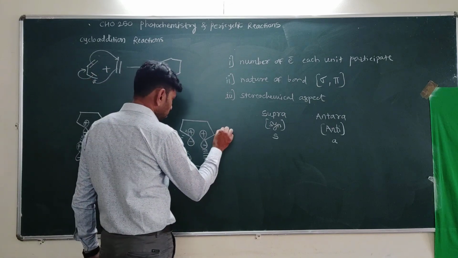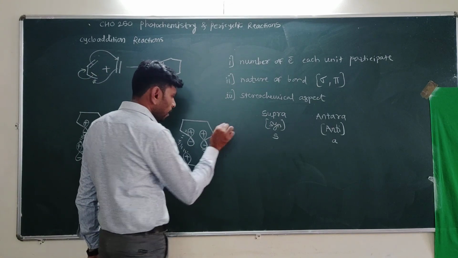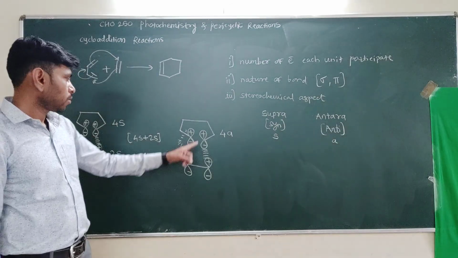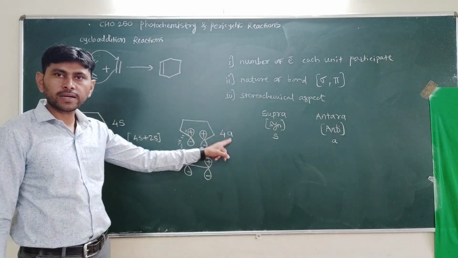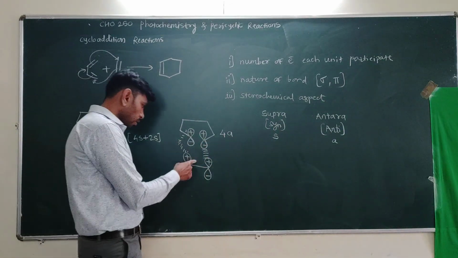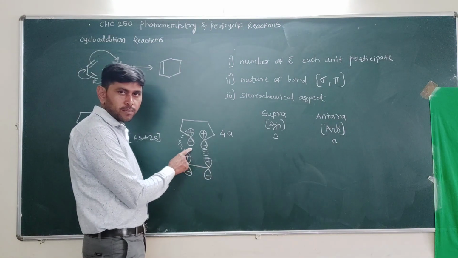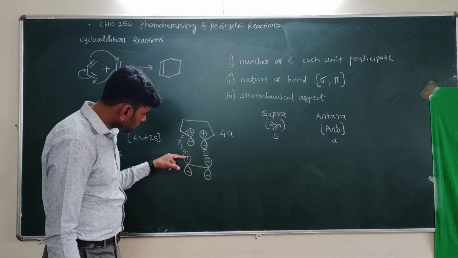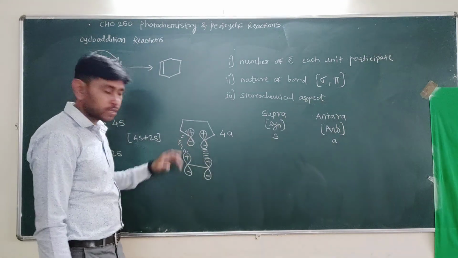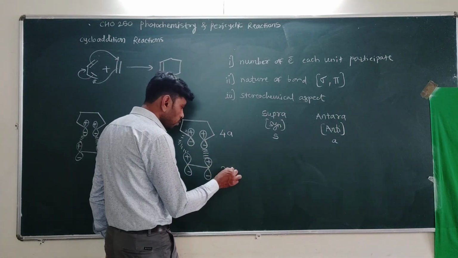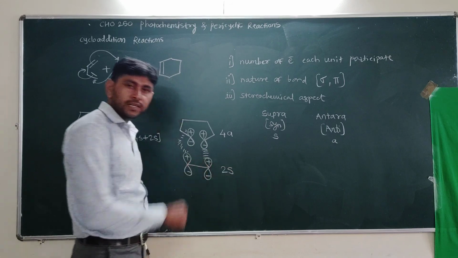So this 4 pi system is acting antarafacially. Here the 2 pi system, this other component, other partner. See here both lobes from the above side are used. So 2s. The 4 pi system acts antarafacially and the 2 pi system suprafacially.